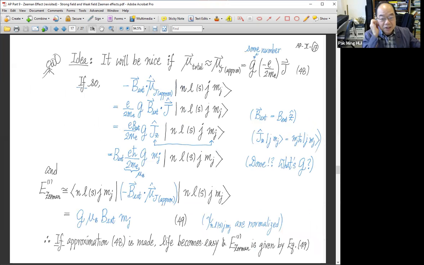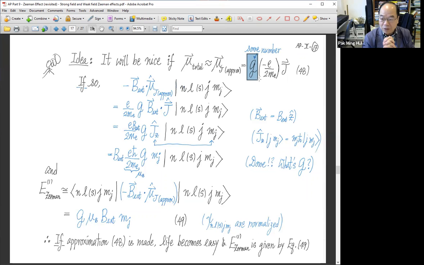The idea is that we hope to maintain the dipole moment to be parallel to J. And hopefully we can do it by representing the prefactor, another g factor here, by some number. Can we do that? How can we do that approximately? So that is the technique involved, or approximation involved here.